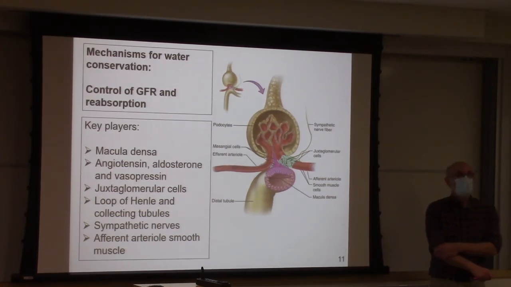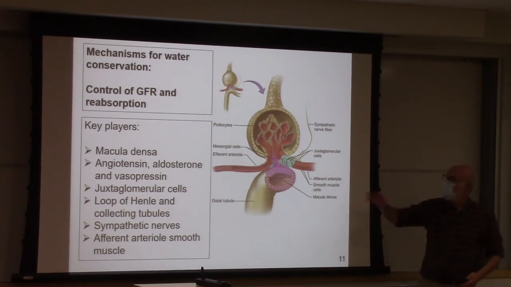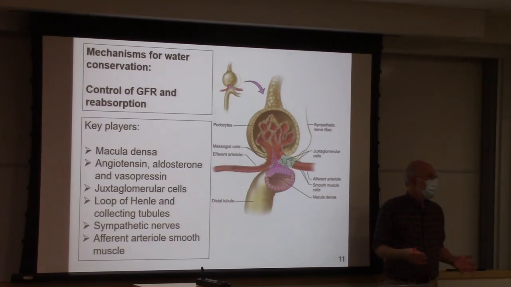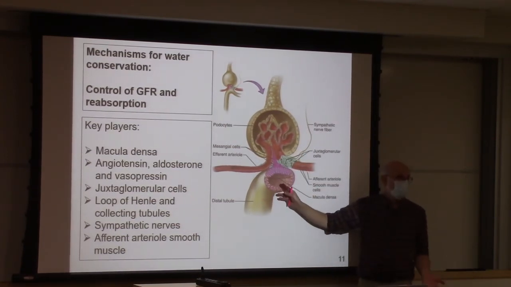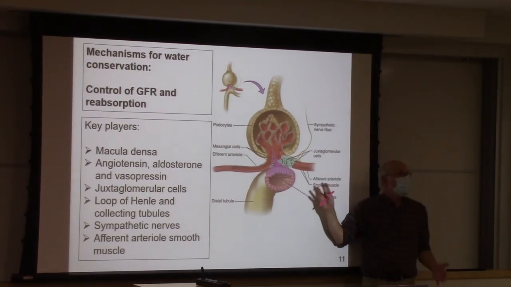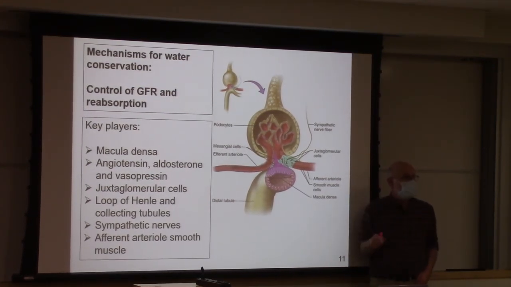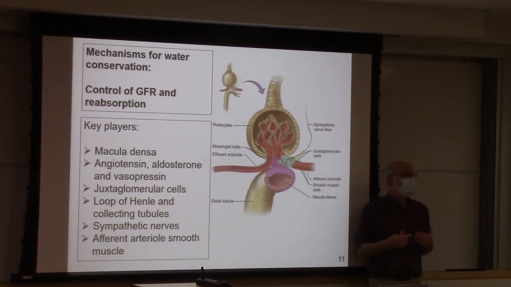Dehydrated. We're working hard to conserve water, constricting the afferent arteriole to reduce filtration. Reduced filtration produces low flow. Low flow then goes to produce aldosterone by several steps, which helps us conserve water by building that solute gradient.